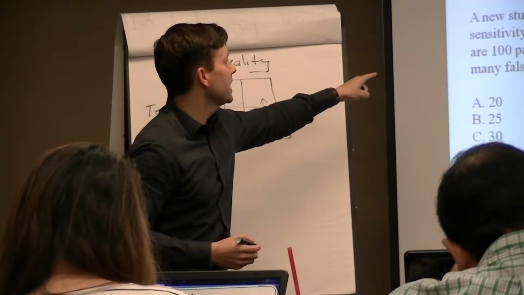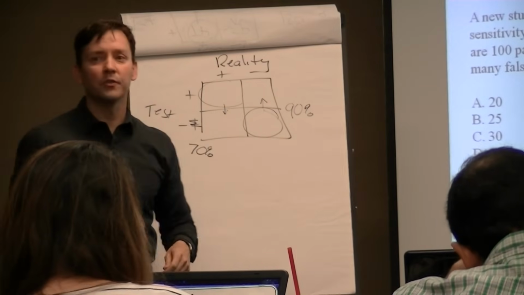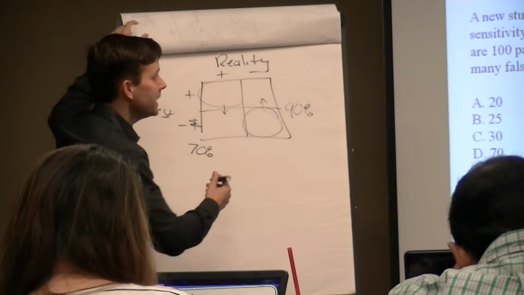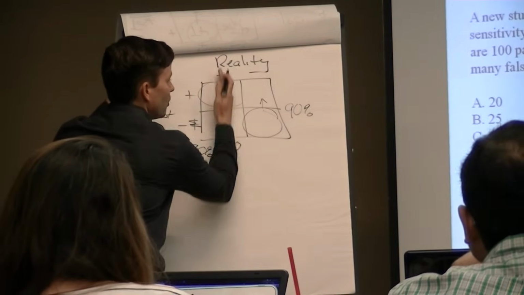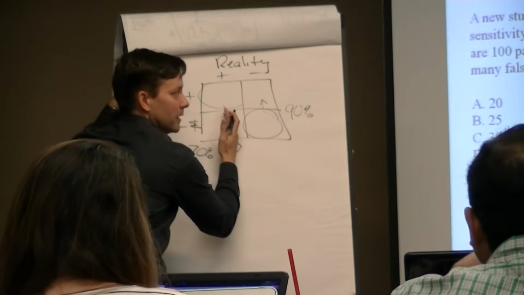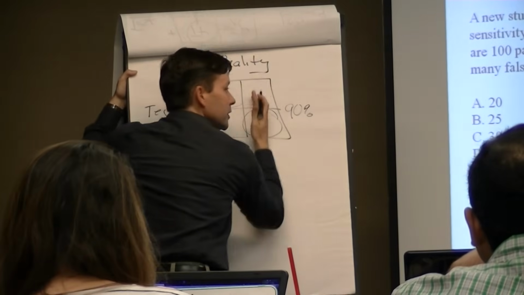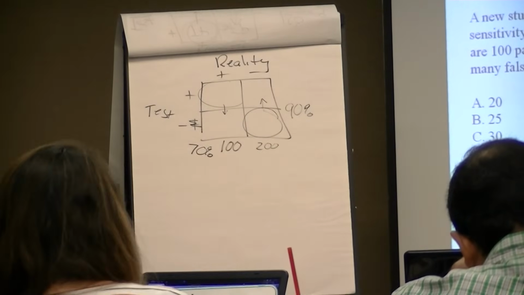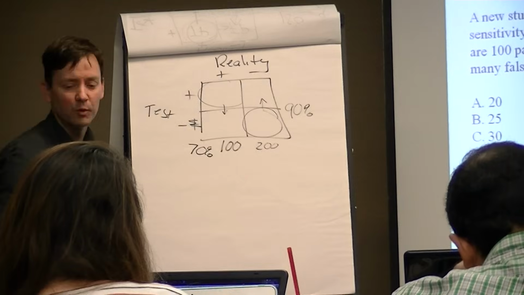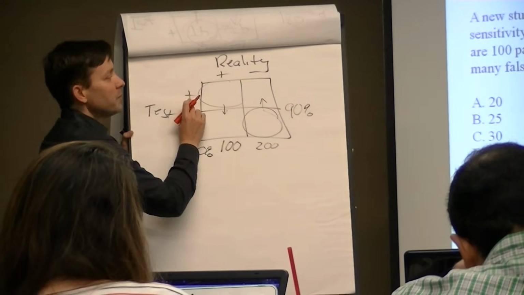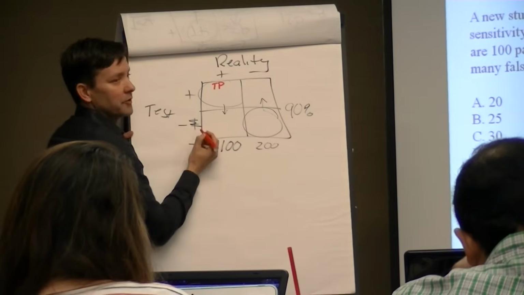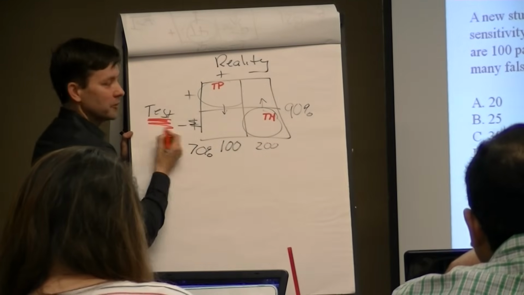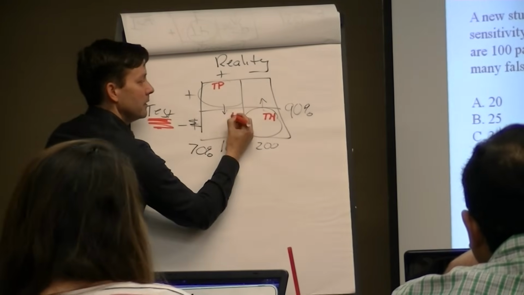In the study, there are 100 patients who truly have UTIs. So they're almost saying what? They truly have them. So in reality, they have them. How many? All right, so I know this whole column here adds up to 100. And 200 who truly do not. Well, heck, I got enough information now. I can answer everything. I'm going to label my chart. Let's label it with what we know. Test is positive, reality is positive. 70. Negative to negative. Now we make our money on these boxes right here, all based on the test. Test was negative, false negative.